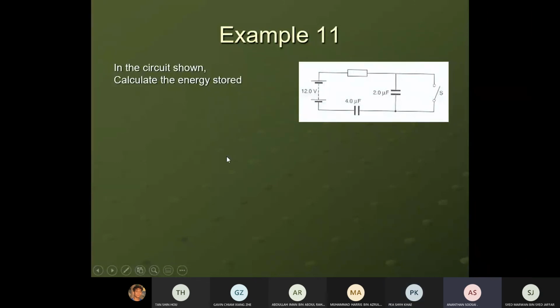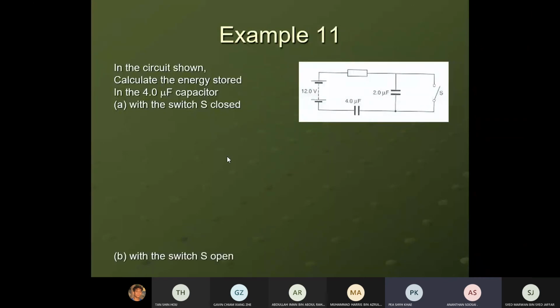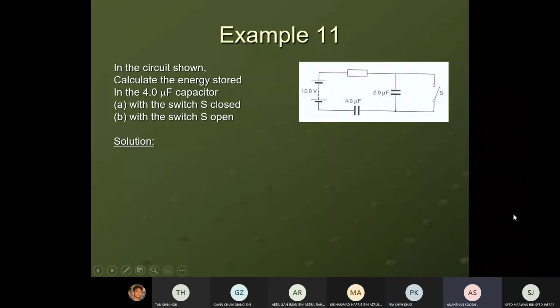The question is, for the circuit shown, calculate the energy stored in the 4 microfarad capacitor when the switch S is closed, then when the switch S is open. If I show you the solution, 1 minute again. Guys, come on. Try to think how to get the answer. Calculate for me before we see the solution. Get some idea in your mind.